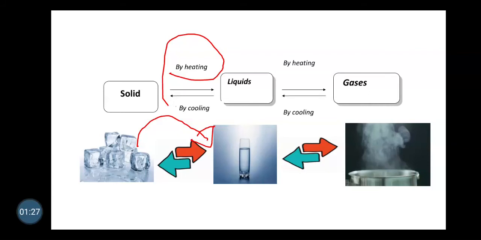This means the ice takes the heat from the air, and it changes into another state of matter, which is liquid. So here the solid changes into liquid, and this happens by heating. We will know the name of this process later.